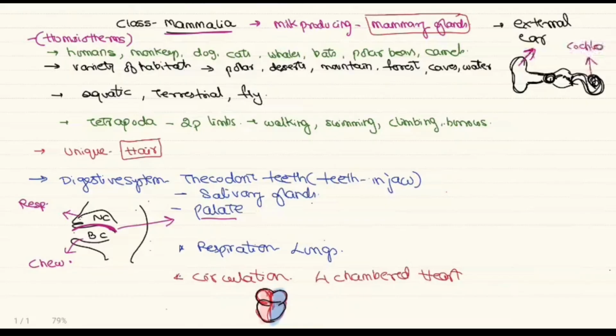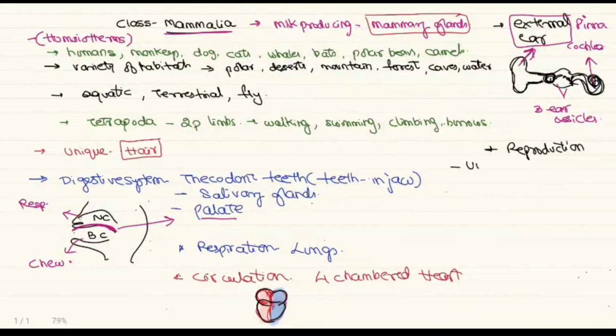So presence of external ear, presence of cochlea, these are the special properties seen in the mammals. And we also have three ear ossicles. The details we'll discuss in the musculoskeletal system, right? So remember, one more property is the presence of external ear called the pinna.